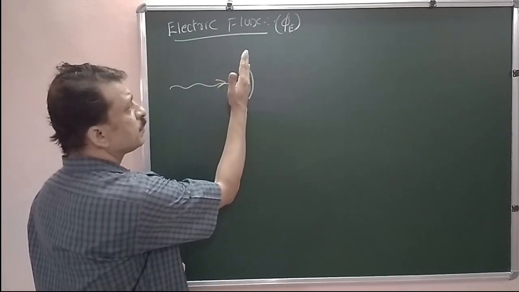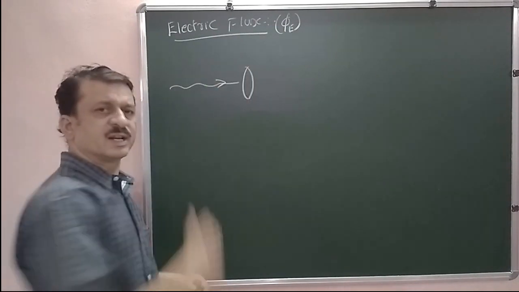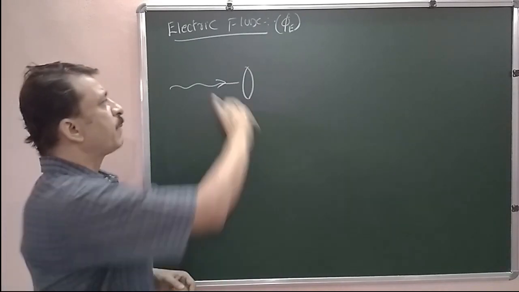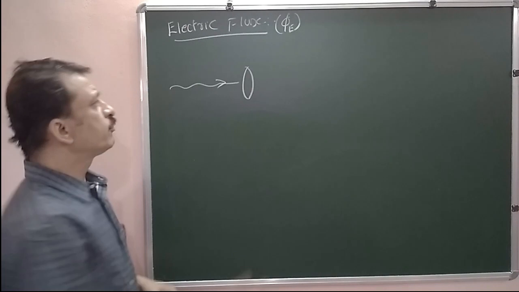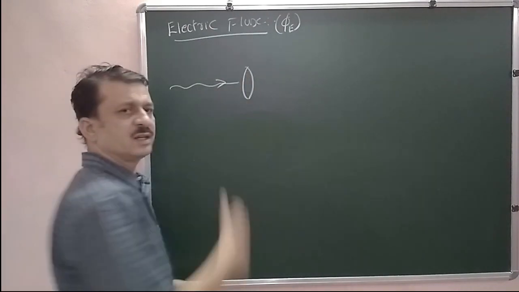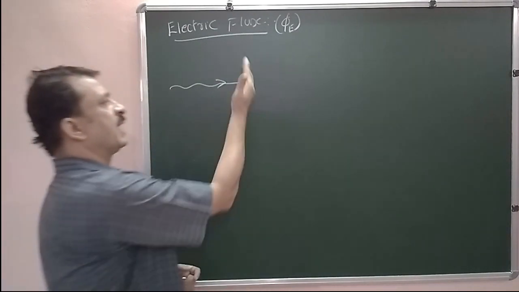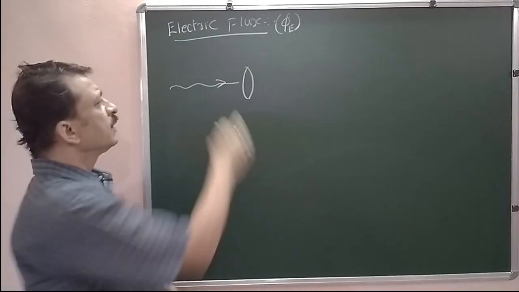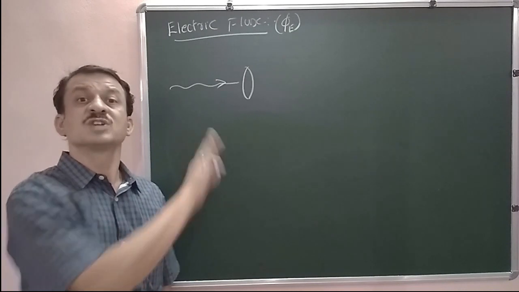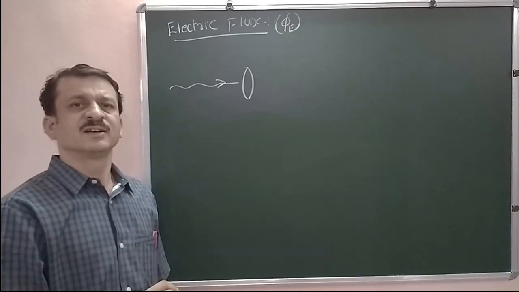If the plane of the ring is perpendicular to the direction of flow of water, then the maximum amount of water is flowing. If you change the angle, then the flow of water goes on decreasing.